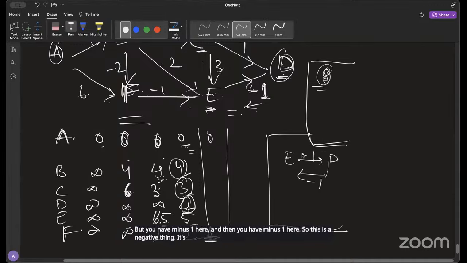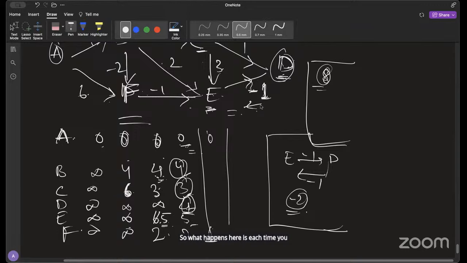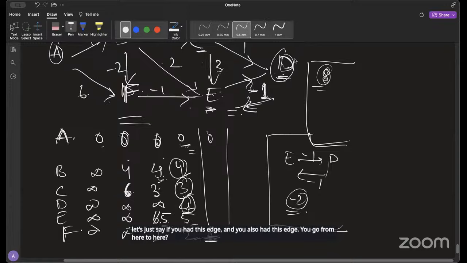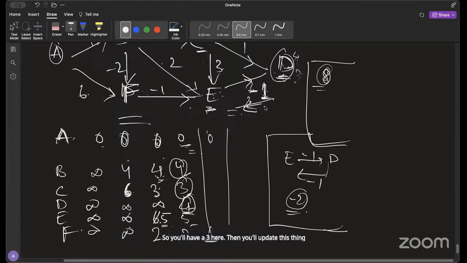It's actually creating a negative loop here. So what happens is each time you go through this loop, let's say if you had this edge and also this edge, you go from here to here, you'll update D. Let's say we have a 4 here, this will get updated as 4 minus 1, so you'll have a 3 here. Then you'll update this as 3 minus 1.